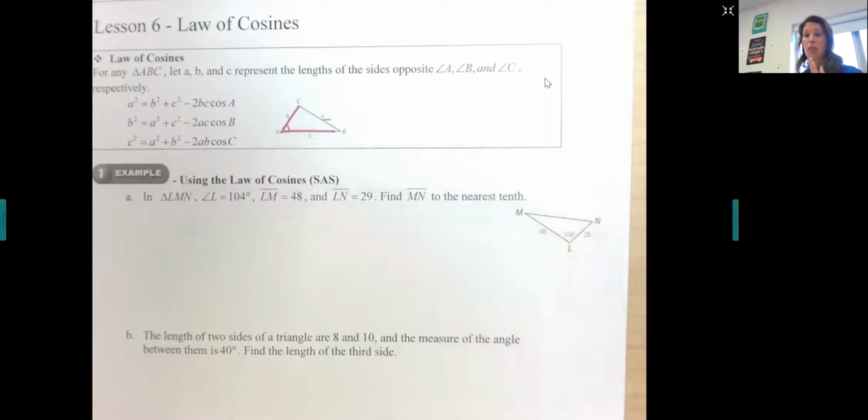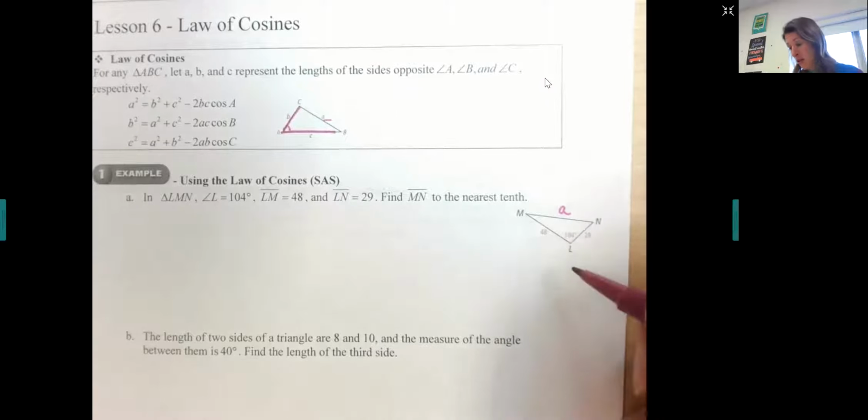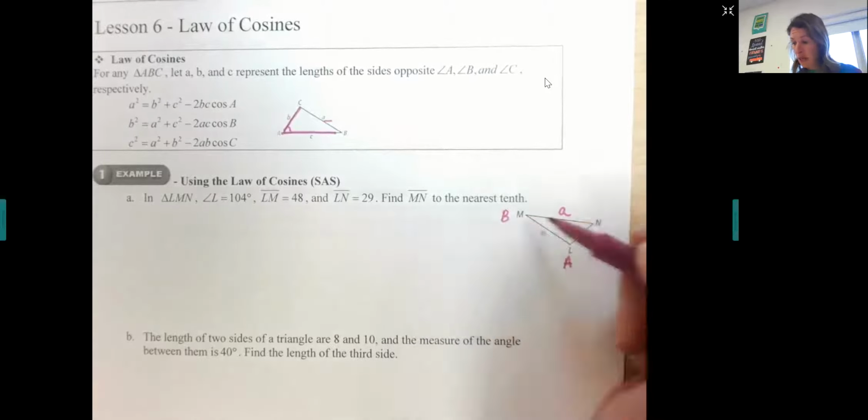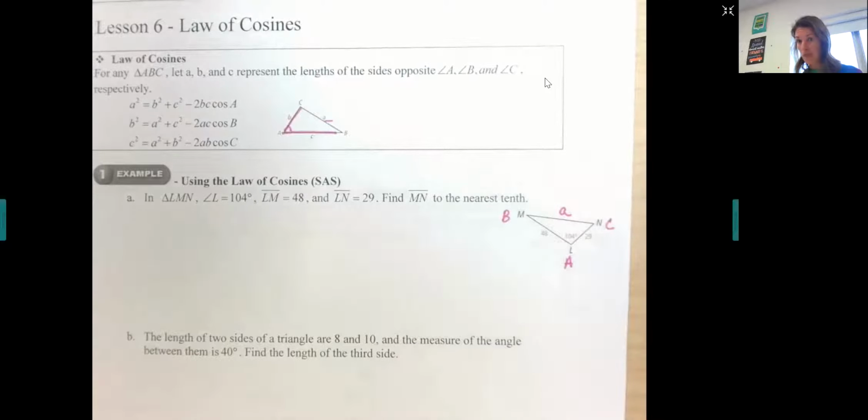Anytime we need to find something, we're going to label that as our A. Because we're finding the side, we're going to label that as little a. Remember, little a, little b, and little c are across from our big angles. So little a is across from angle A, and then I'm going to label angle B and C. I'm also going to label little b.